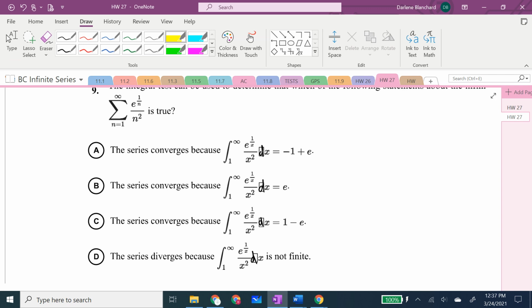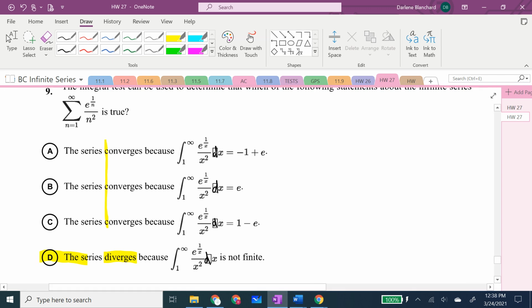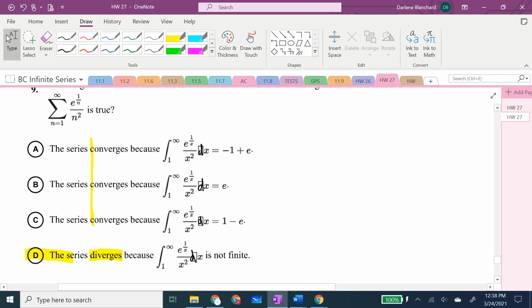Now, as far as the integral test goes, the concern is converge versus diverge. If I'm able to get an answer to the improper integral from 1 to infinity, it's a converge. If I'm not able to get an answer, then it's going to be a diverge. What you're really trying to do is just determine what is the answer, if there is an answer, to this limit or to this improper integral.